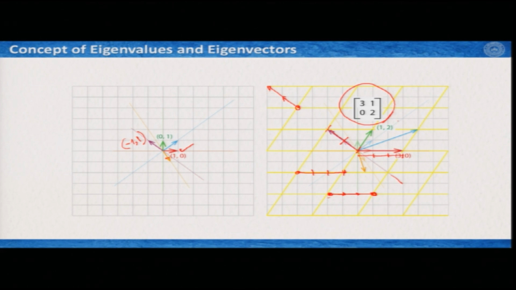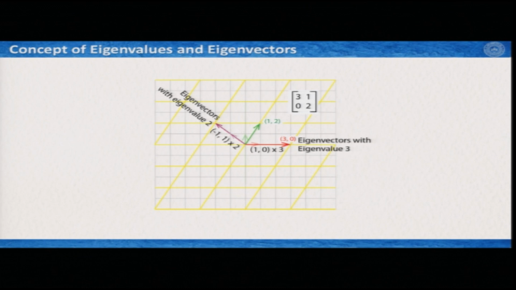We will see that these two characteristic vectors, this red and this purple, are known as eigenvectors.